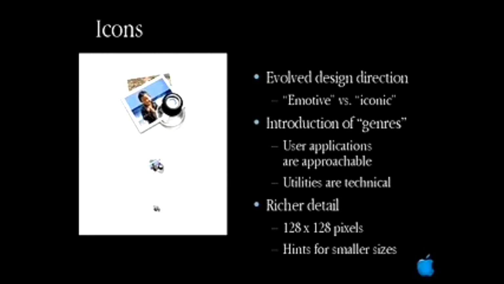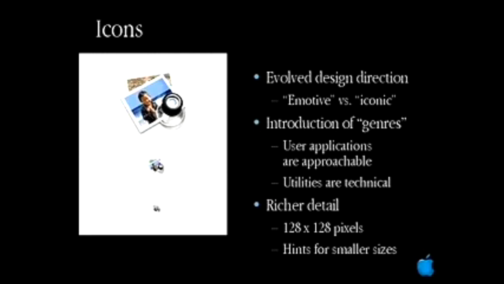In this case, this example is our Preview application for looking at images. And it kind of suggests the emotional reward you might get by using this application to look at your photographs or other people's photographs. But we think this is a subtle while very important shift in how we're approaching our icon designs.